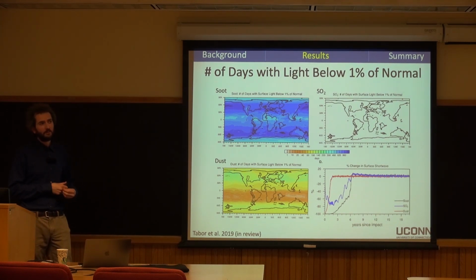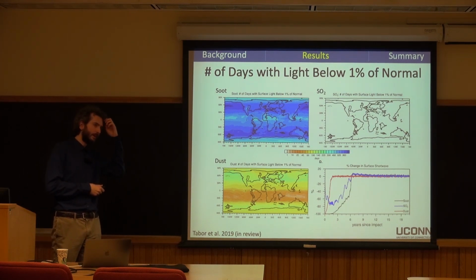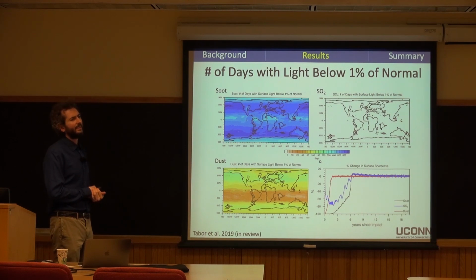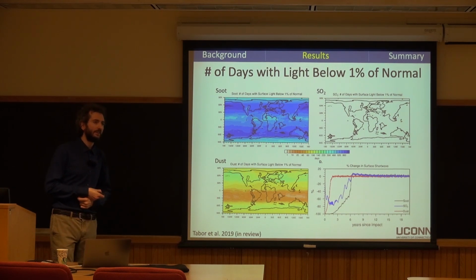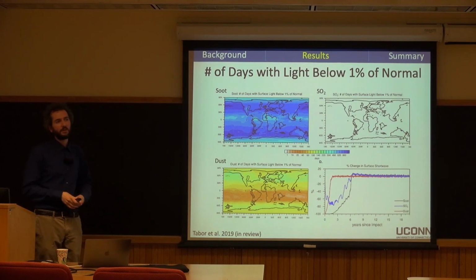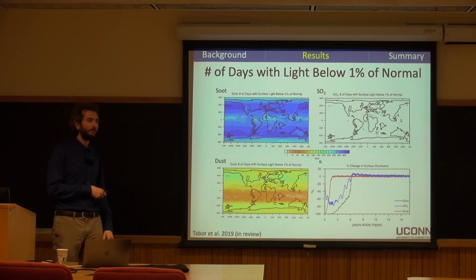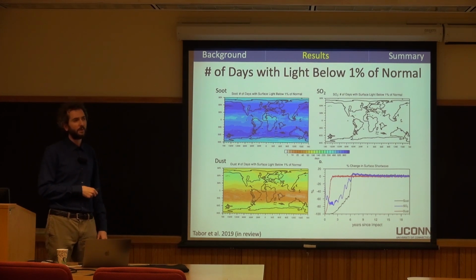The exact mechanisms for that aren't especially clear, but it might have to do with the stratospheric circulation patterns. You get some very strange stratospheric overturning once you have this layer of soot there. It almost acts as the new surface, so there are some interesting dynamics there that we really haven't explored as much as we should have. But there are interesting processes there in where you get the return of light first.